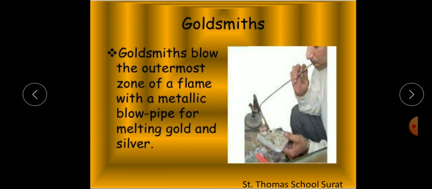Substances that produce heat and light on burning, like when you burn wood, charcoal, petrol, kerosene, etc. They all are fuels, because they produce heat and light, right? So they are called fuels.